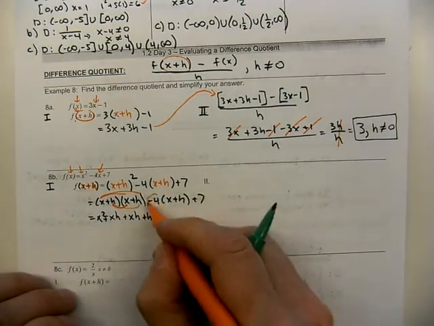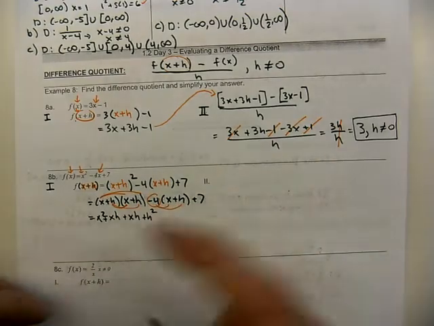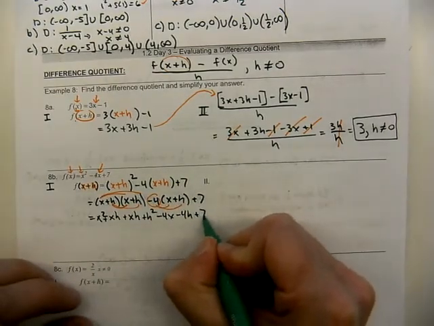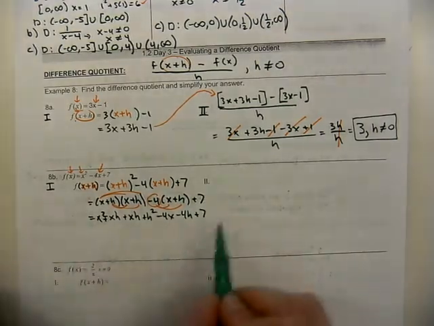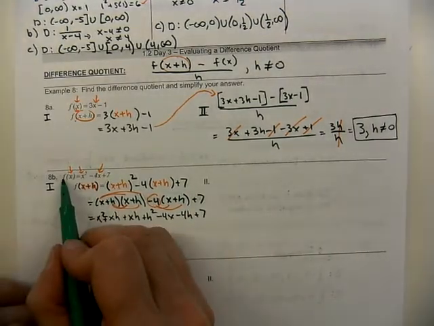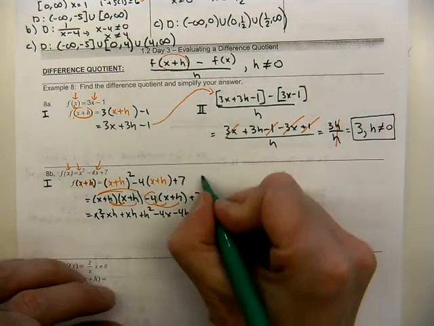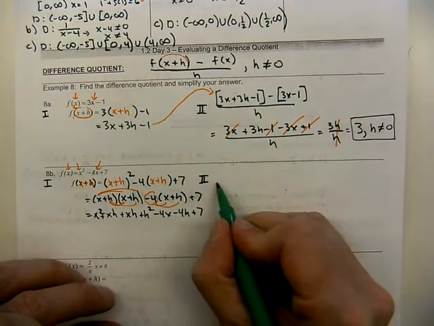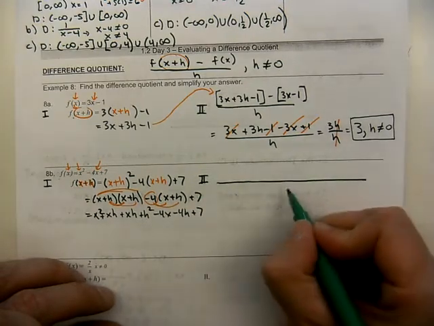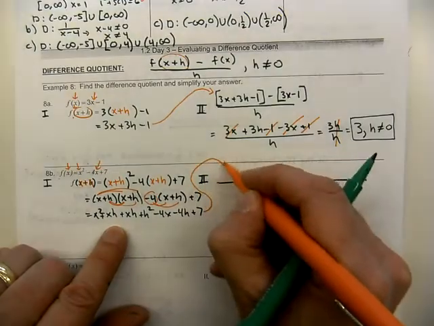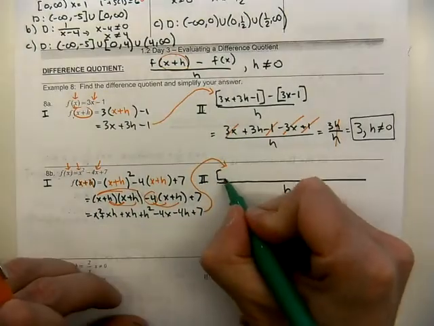Now let's distribute the negative 4 to the binomial. So a negative 4x and a negative 4h, and there's the plus 7. All of that is the output of the function when we plugged in the binomial. So as we go to part 2 now, we'll have a pretty large fraction here. All of this output goes here on the front.